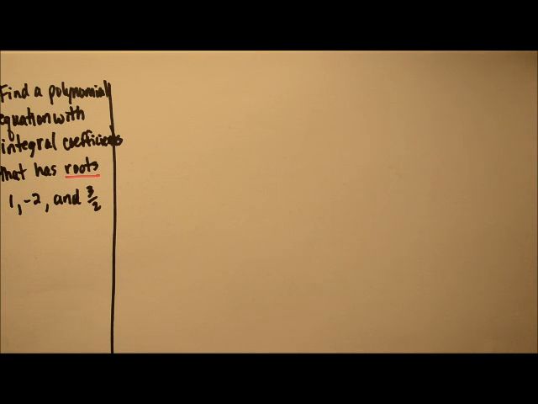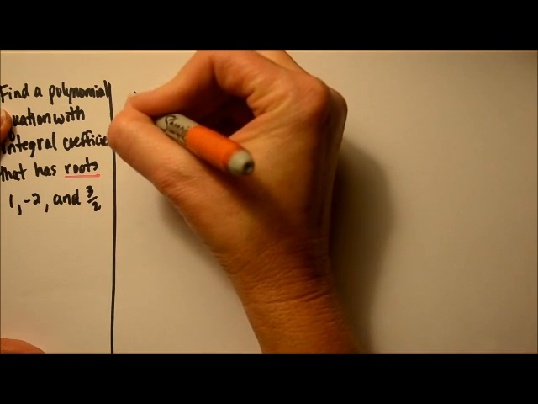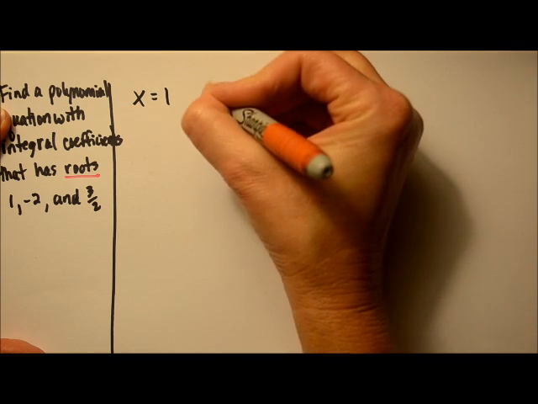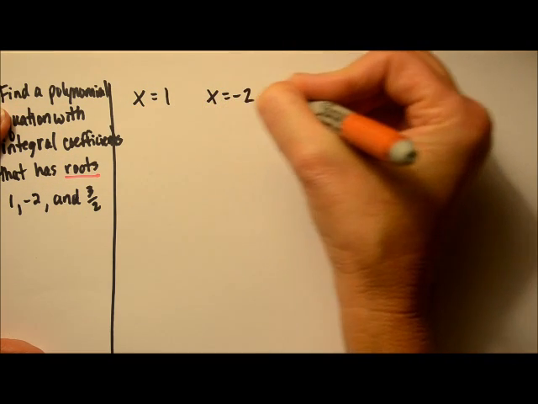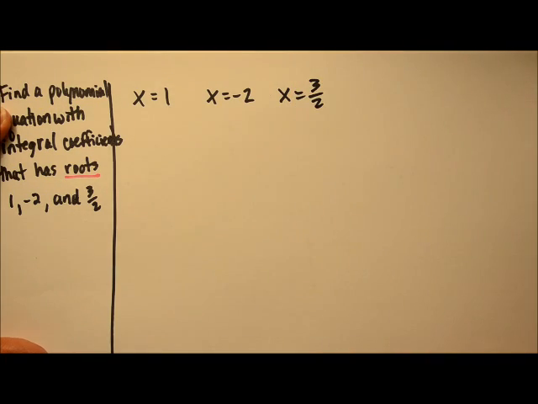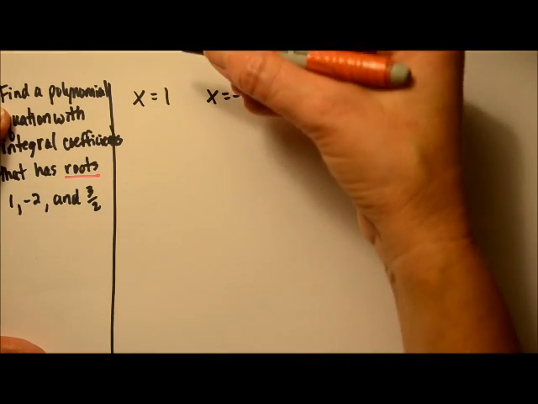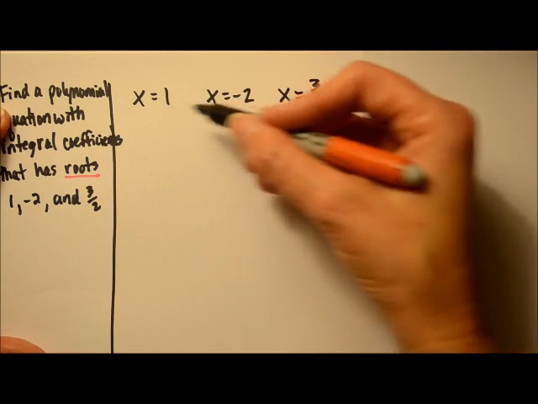And now I want the equation. Well, you'd really just need to work backward. So if these are my roots, then I have x equals 1, x equals negative 2, and x equals 3/2. And I'll show you how to handle that fraction. It's not so terrible. And so, if we were solving this, this would be our answer.